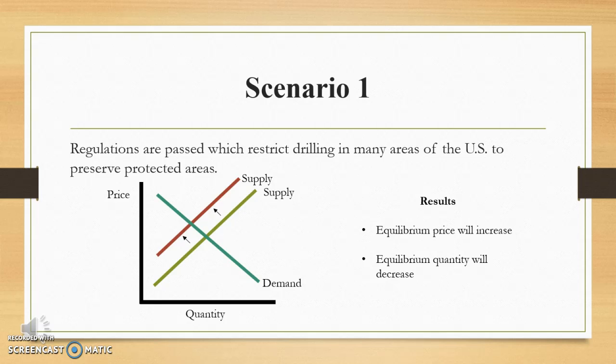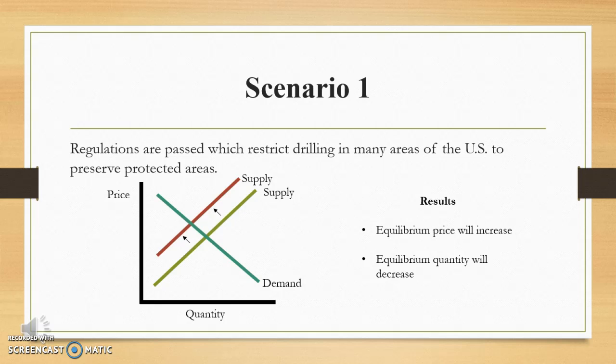Okay, the first scenario we're going to talk about is regulations are passed which restrict drilling in many areas of the U.S. to preserve protected areas. Well, what this is going to do to the equilibrium price is it will increase. This is due to there being less of the actual supply at this time because it's being restricted, so there's not as much drilling going on, so there's not as much oil coming out.